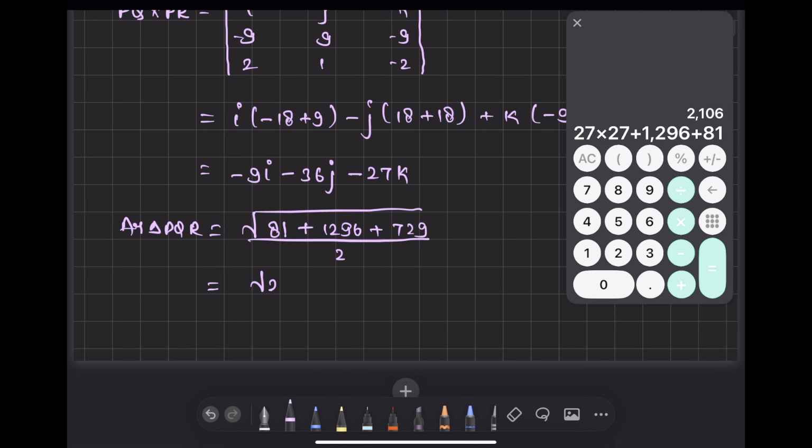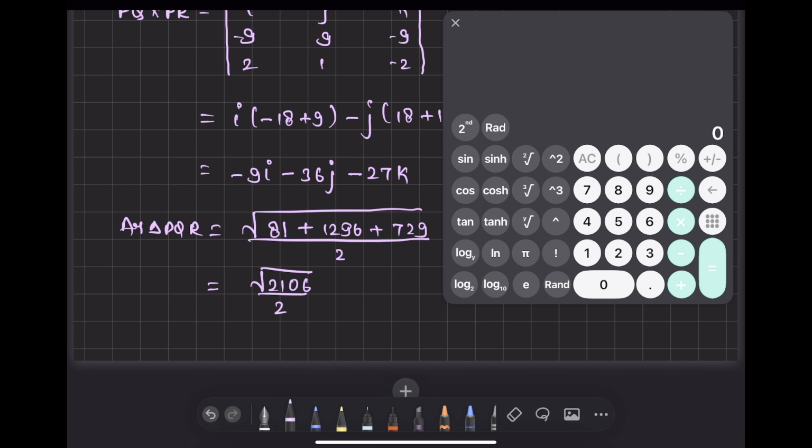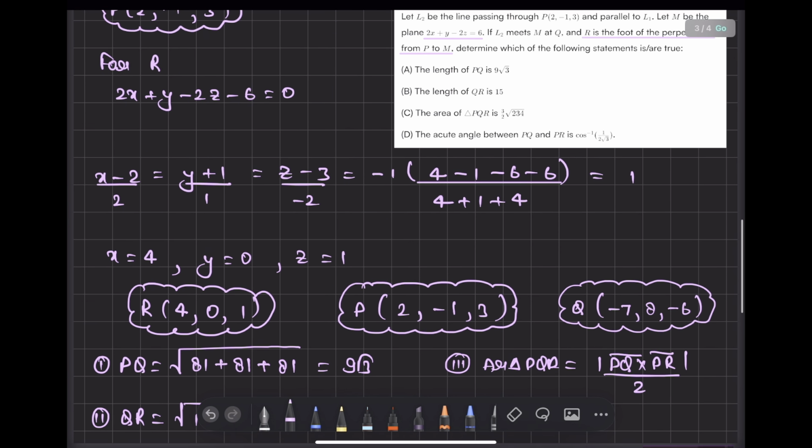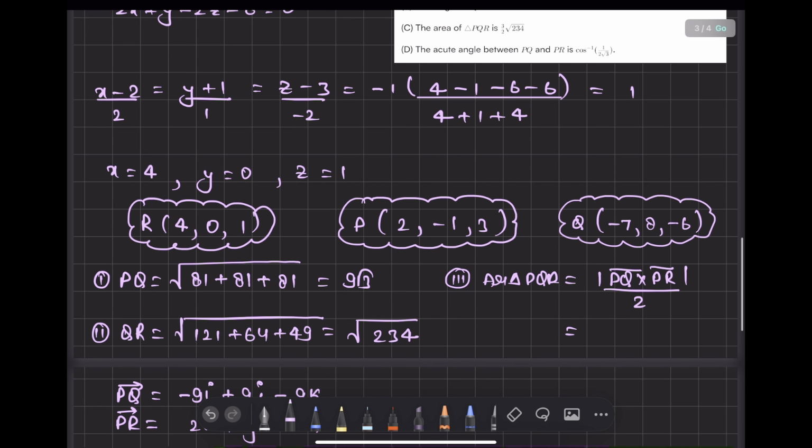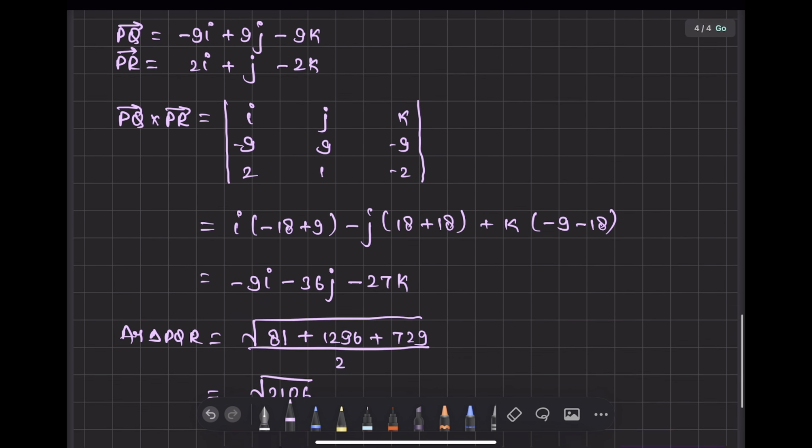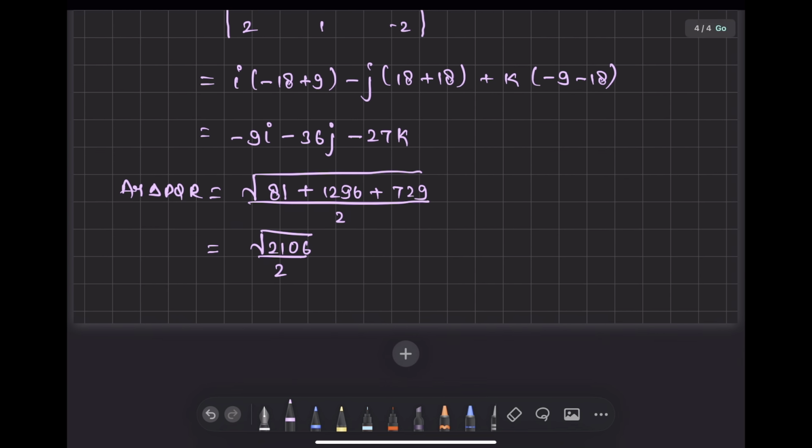So it is root under 2106 by 2. Okay. So you need to find the root of 2106. But the area is what? Okay. This we need to work out. We need to simplify this thing a little bit more. It is time consuming, but let's do it.